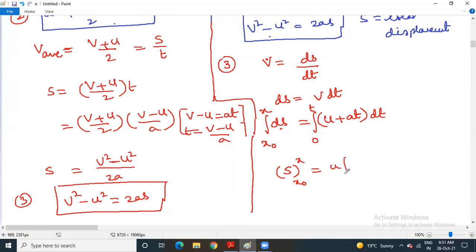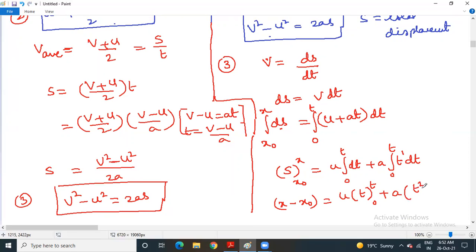Now let us write u dt separately, 0 to t seconds, plus at dt. Just now I told you how to get the integration for t dt, or for dt also, 0 to t seconds. Now substitute the upper and lower limits: it is equal to ut between 0 seconds and t seconds, plus a, and if you don't have anything it means 1, so it will be t square by 2.